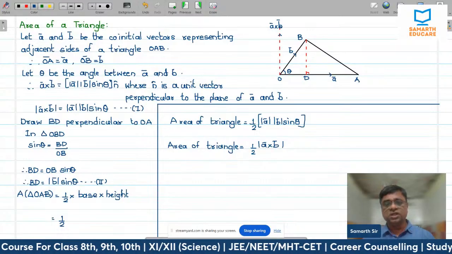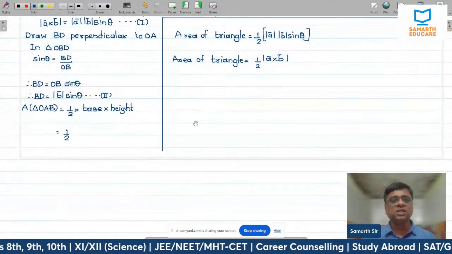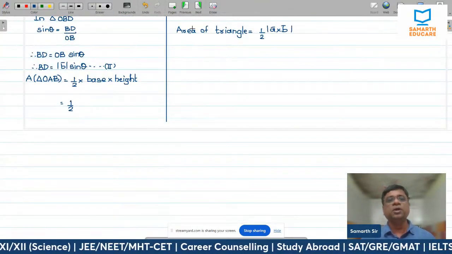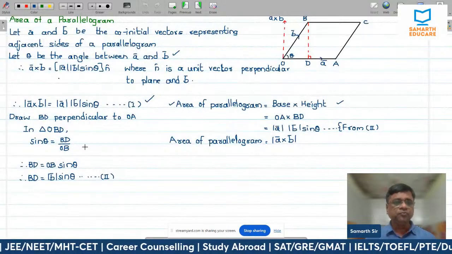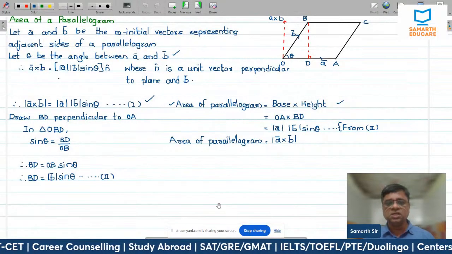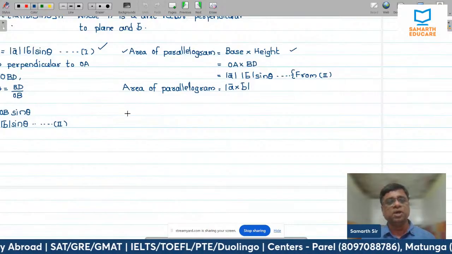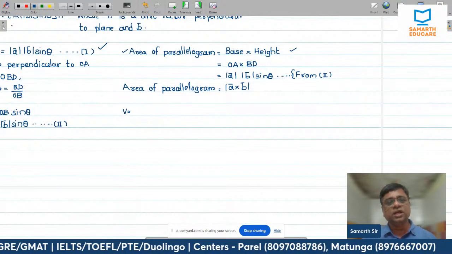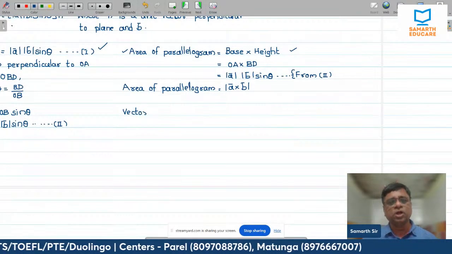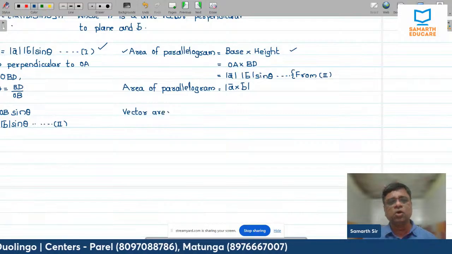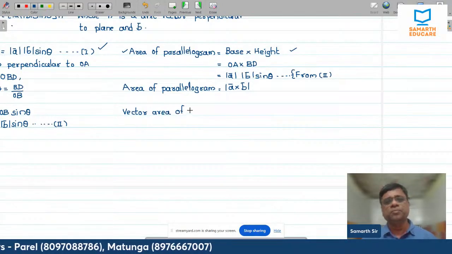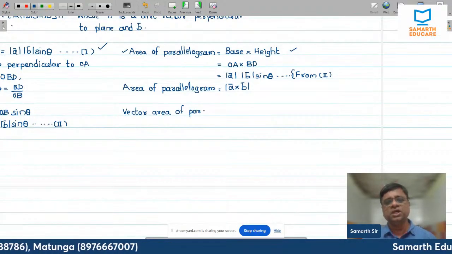Now, some interesting things you also need to remember for numericals. Let's say somebody is asking for the area of a parallelogram, then it is mod of A bar cross B bar. If the question is the vector area of a parallelogram, you have to be careful about this.